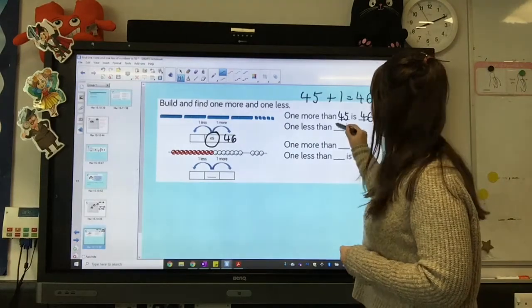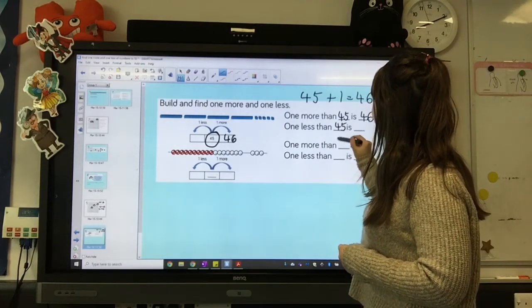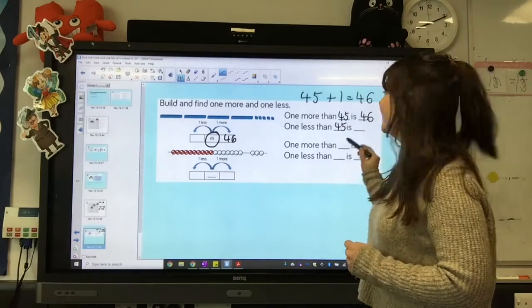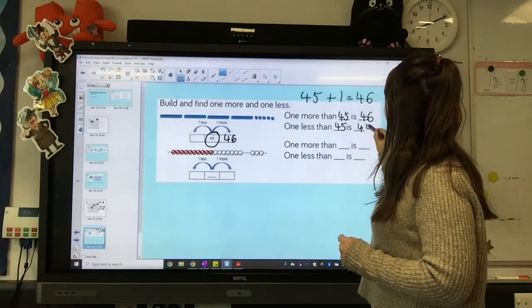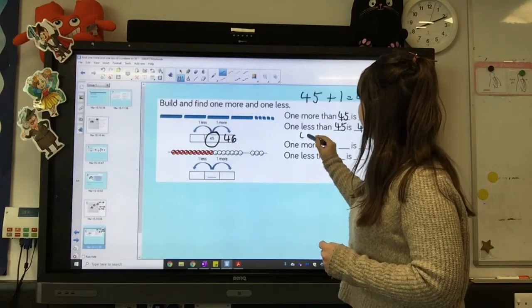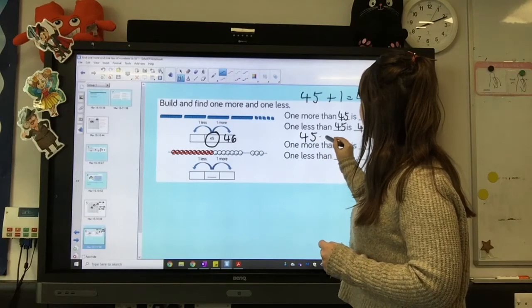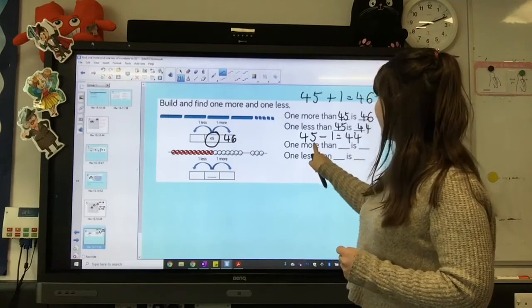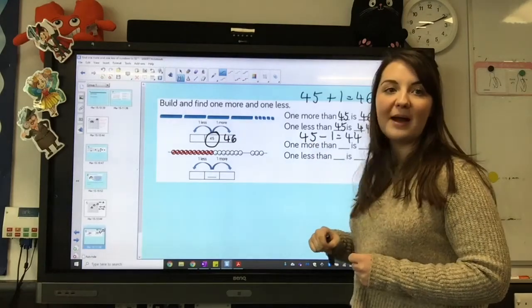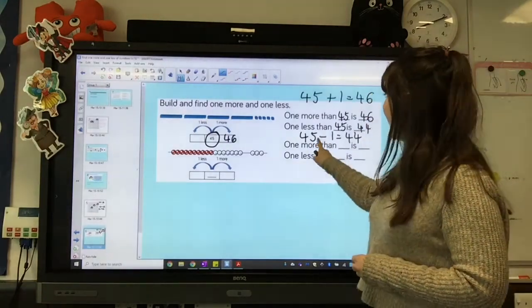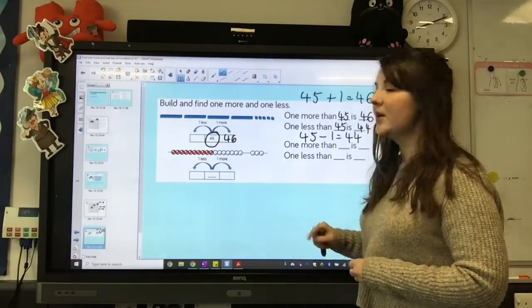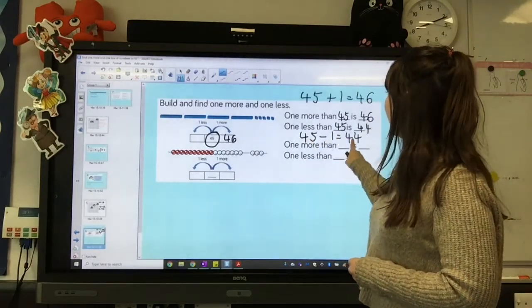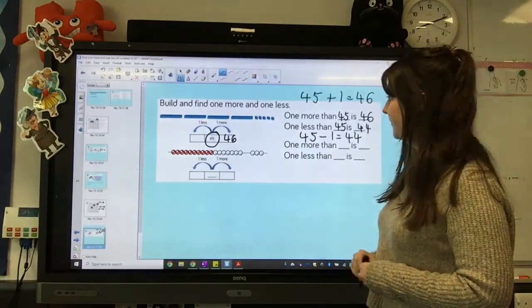One less than 45 is 44. 45 subtract 1 equals 44. We've taken 1 away from our ones column. 5 take away 1 equals 4. So 45 take away 1 equals 44.